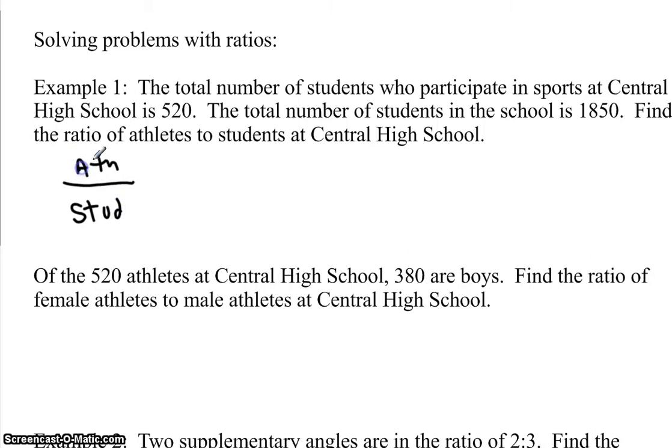So I need to know how many are athletes, that's 520. How many are students, that's 1,850. And then I need to simplify this fraction. Well, I can divide both numbers by 10, or shortcutting that, because they both end in a 0, we can cut that off. That's essentially dividing both by 10. And my answer would be 52 to 185.